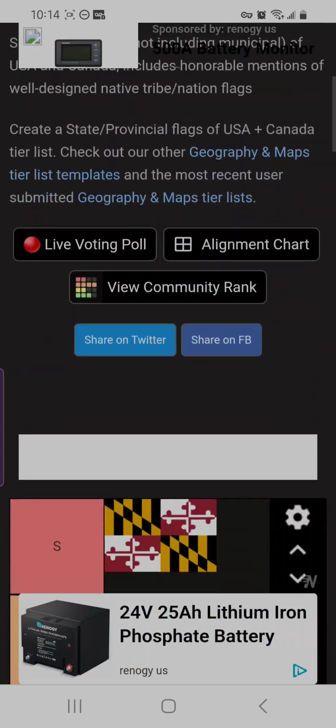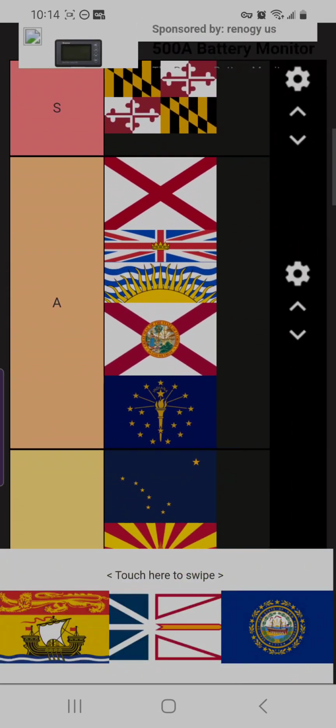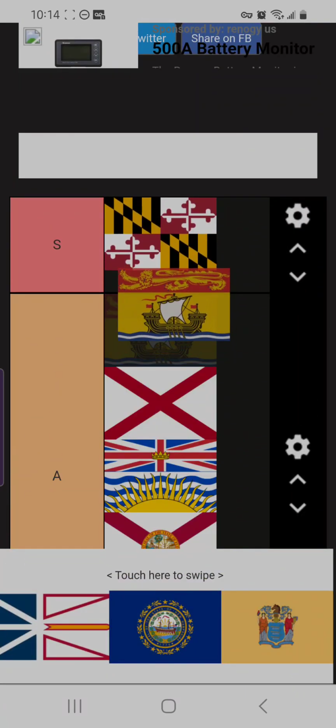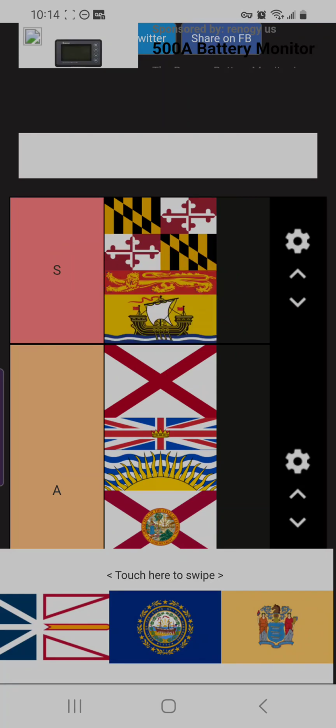Even though Nova Scotia mainly owns the coast, it's more like a border of the Pacific Ocean. But this one, I definitely think is the same level as Maryland, and just a neutral S tier. That's how good this flag actually is, in my opinion.